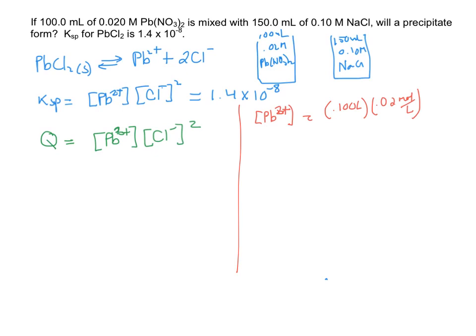That gives me the moles of Pb2+, and then I divide by the total volume. The total volume is 100 mL and 150 mL, so that's 250 mL, which is 0.25 liters. So the concentration of the Pb2+ when you mix the two solutions is 0.008 molar.